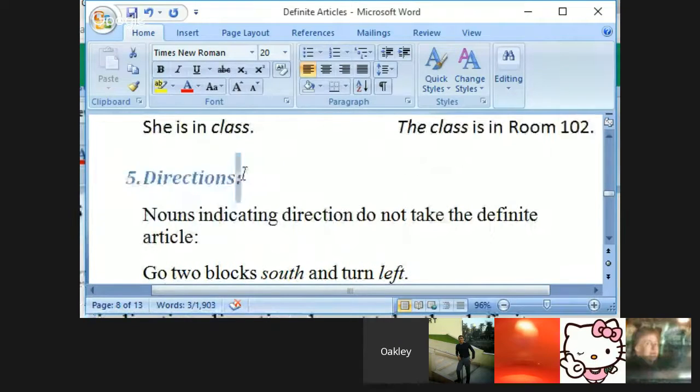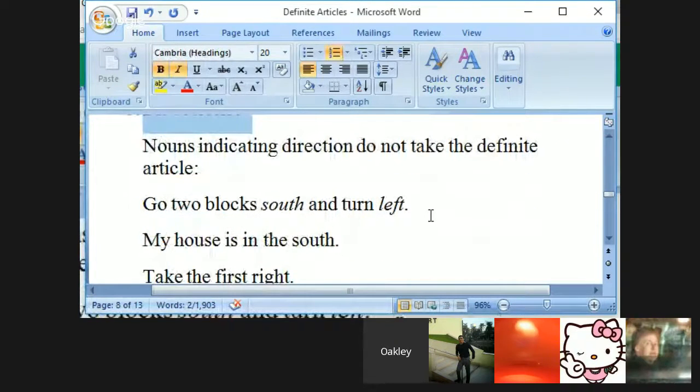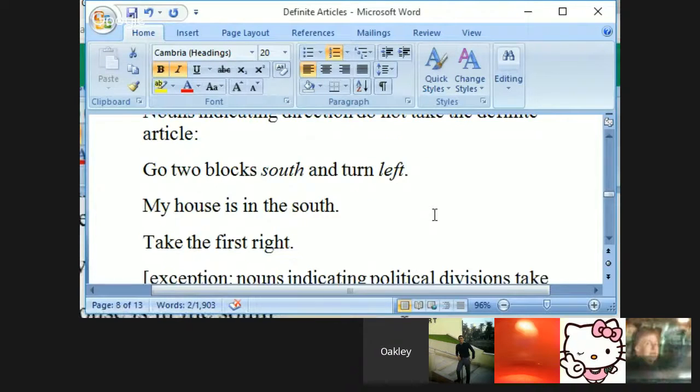So this one with directions is kind of confusing. It's really something you have to just get used to hearing, when to use "the" and "a" and nothing. Generally speaking, if you're actually giving directions, you will use no article or "a" sometimes. Take a left, turn left. It's more of a matter of collocation, which verb you're using.